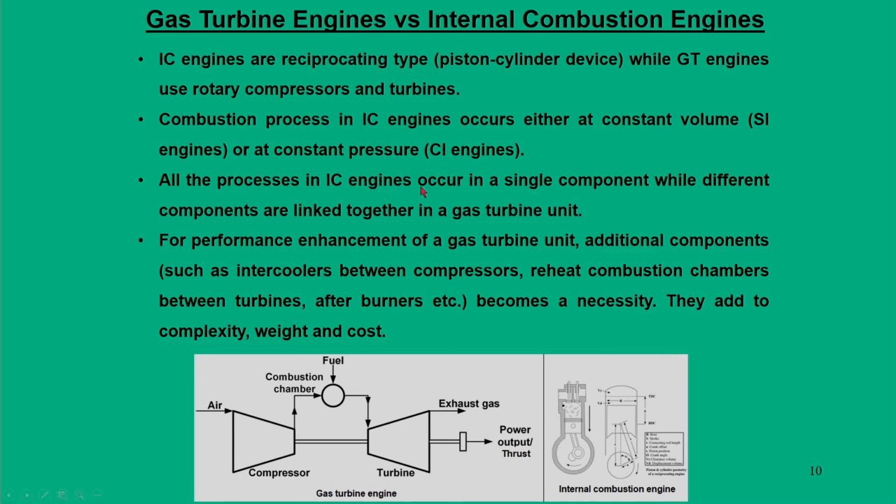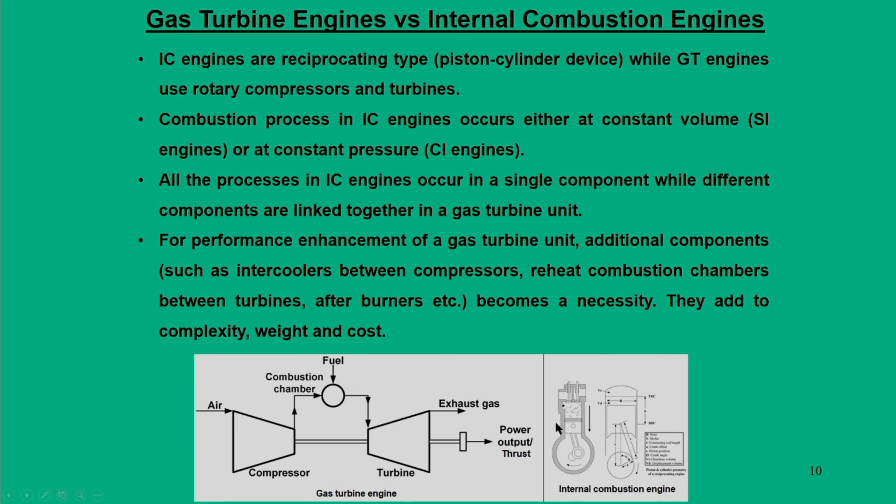All the processes of an IC engine occur in a single component, while different components are linked together in a gas turbine unit. Whatever happens in an IC engine is enclosed: the air-fuel charge is continuously compressed and expanded within the piston cylinder.